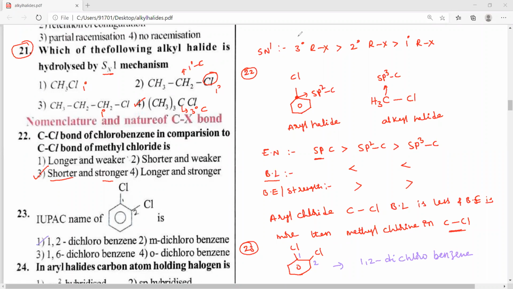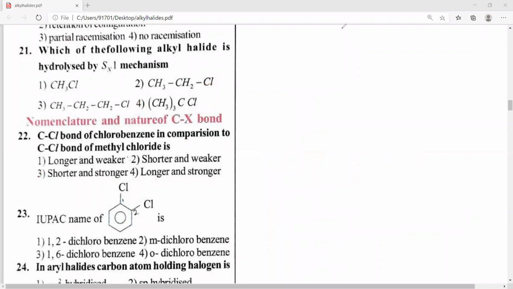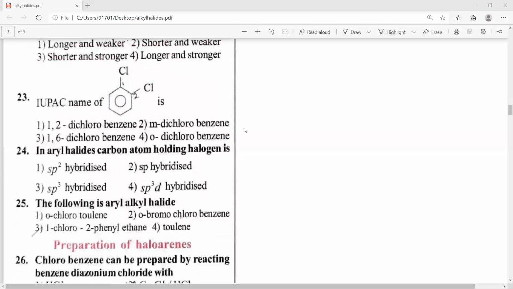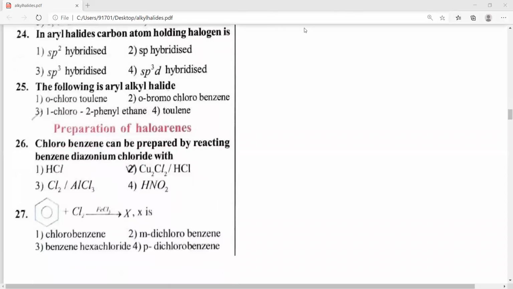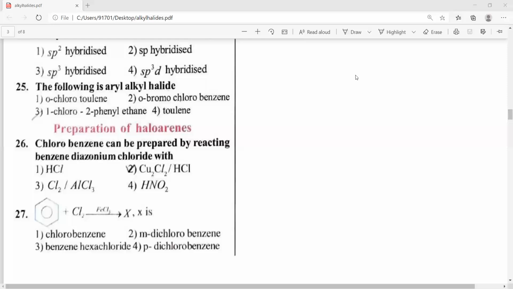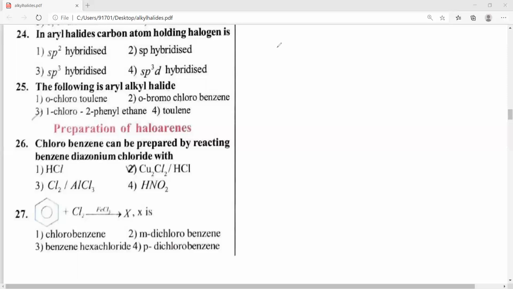Okay, students. Let's go for the 24th question. In aryl halides, the carbon atom holding the halogen, we have just discussed.